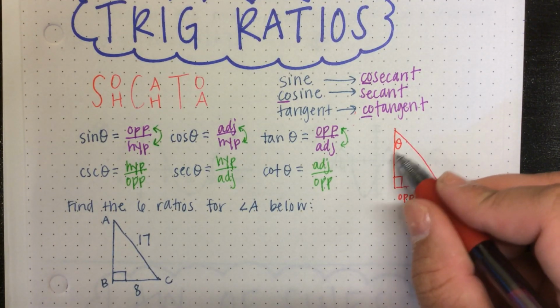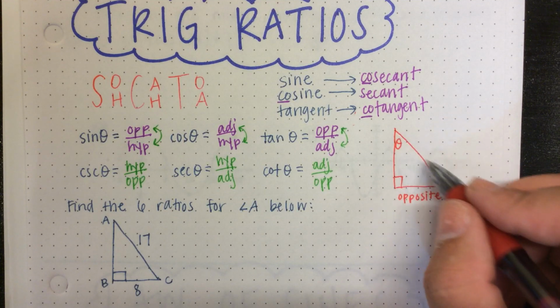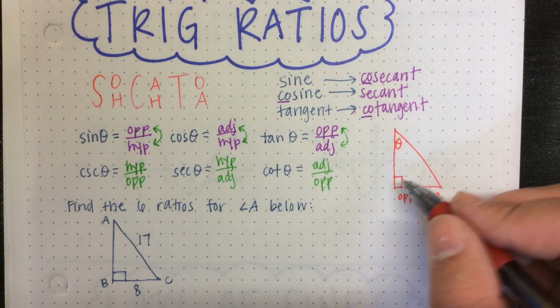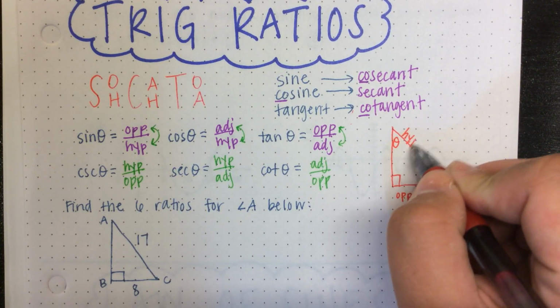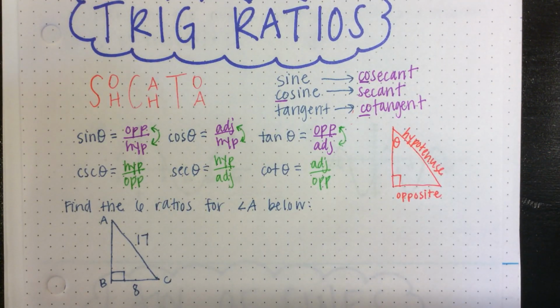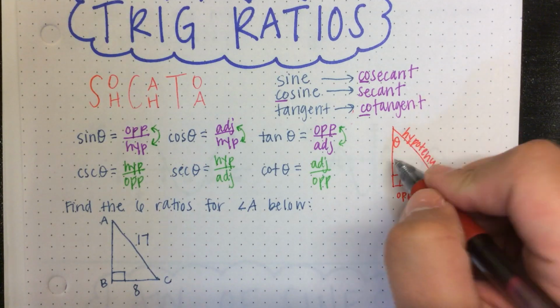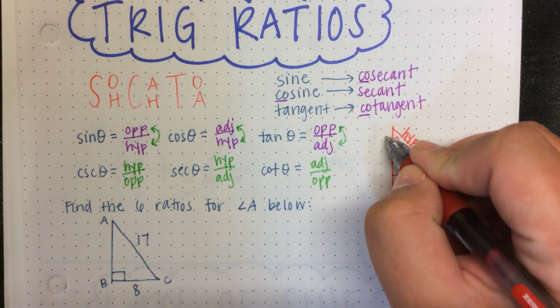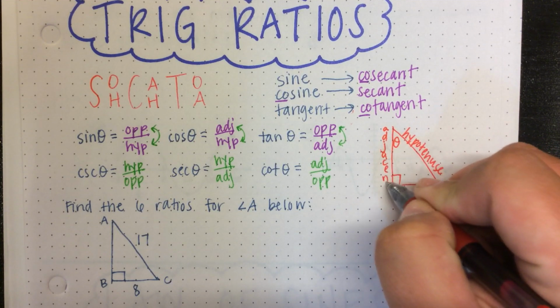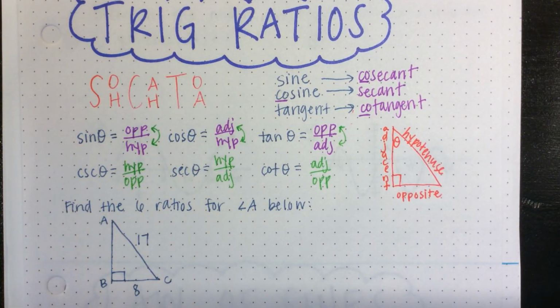Now, it touches 2 sides: this vertical one and the slanted one. But the slanted one is across from the right angle, which makes it the hypotenuse. The hypotenuse never changes. Regardless of which angle you're working with, the hypotenuse is always across from the right angle. That leaves the other side that the angle touches as our adjacent side.